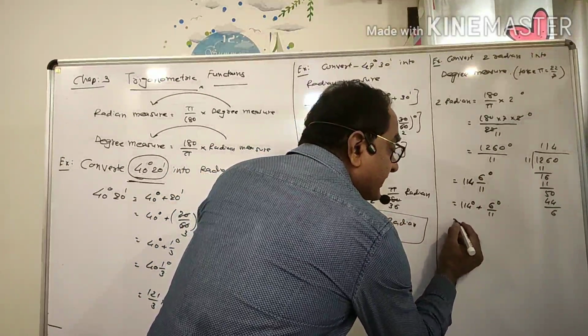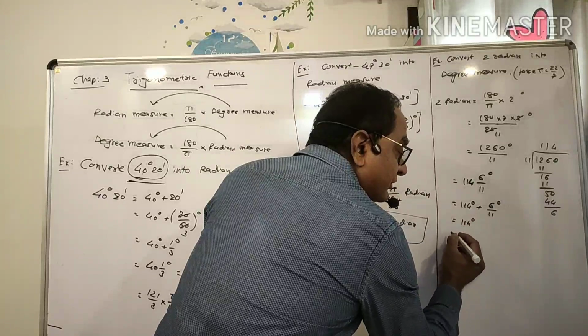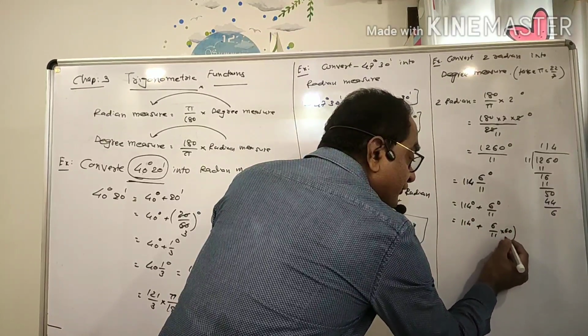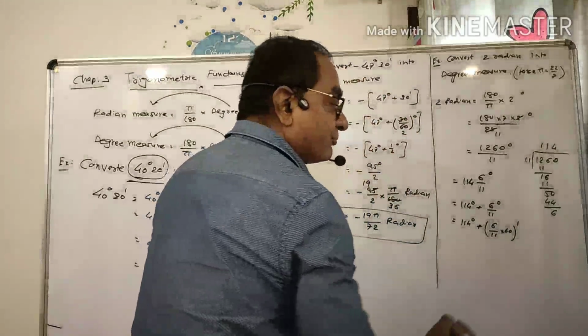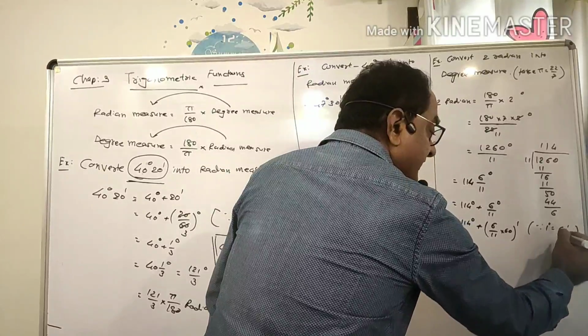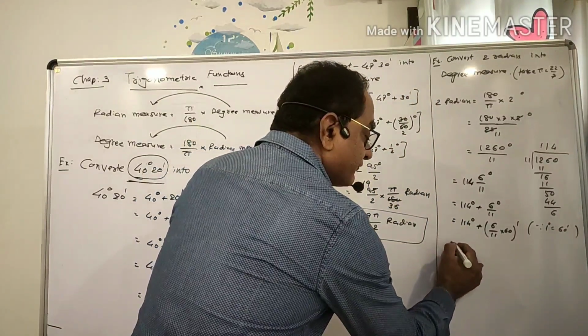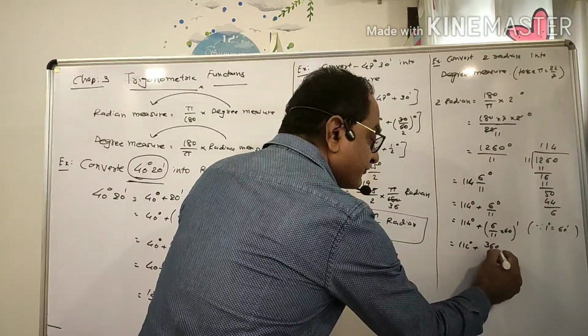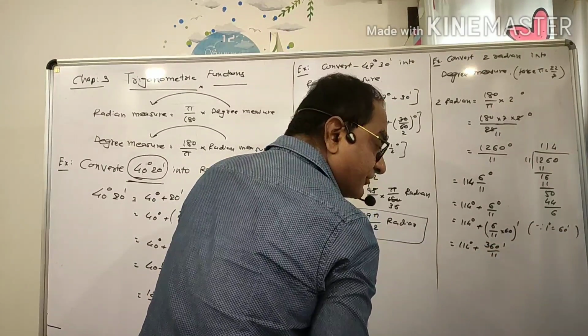So it is further written like this: 114 degree plus 6 by 11 into 60 minutes, because 1 degree is equal to 60 minutes. So it will be 114 degree plus 360 by 11 minutes.